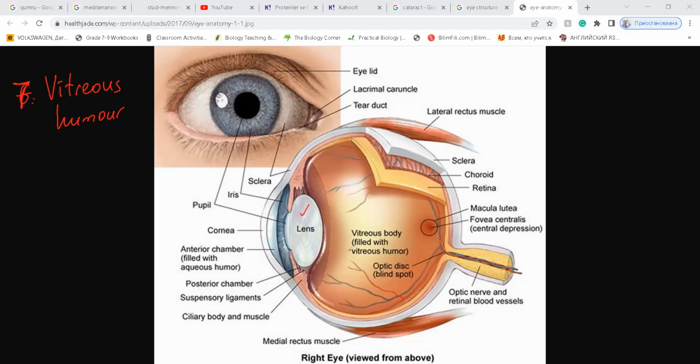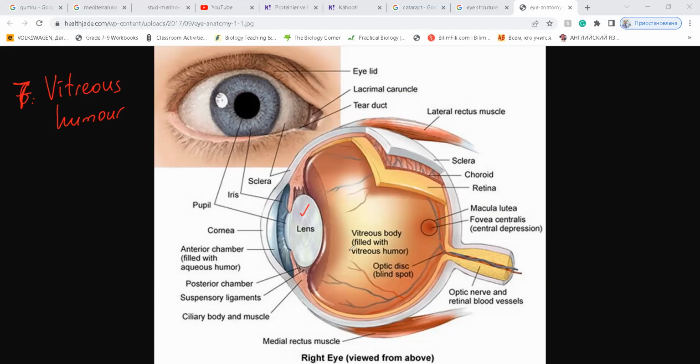This watery substance is important to keep the shape, and it is also transparent to let light move through, because if it becomes cloudy or the transparency is less, there will be more refraction, which will affect the vision process.